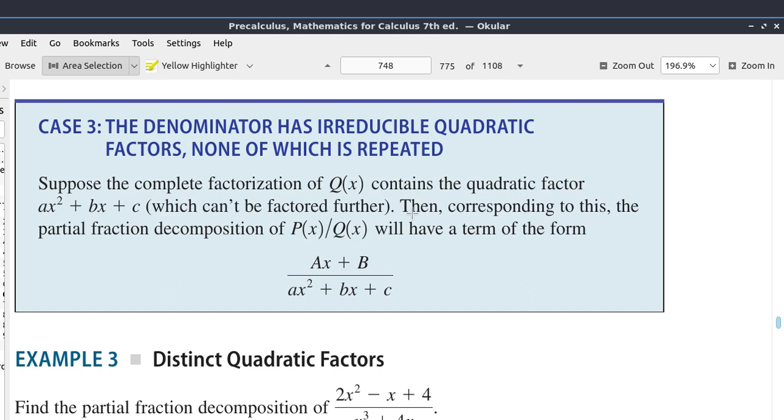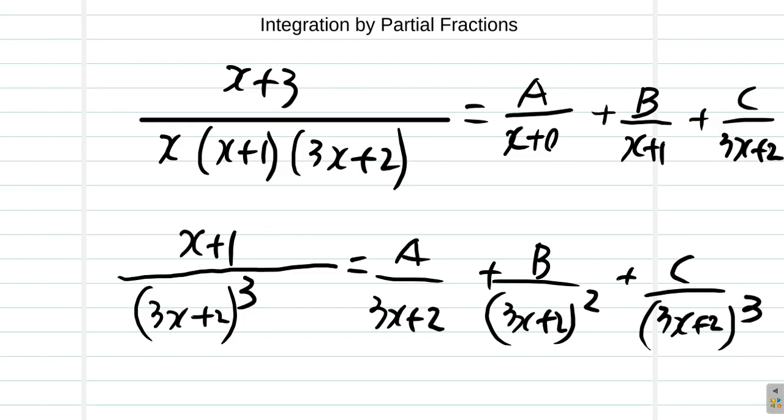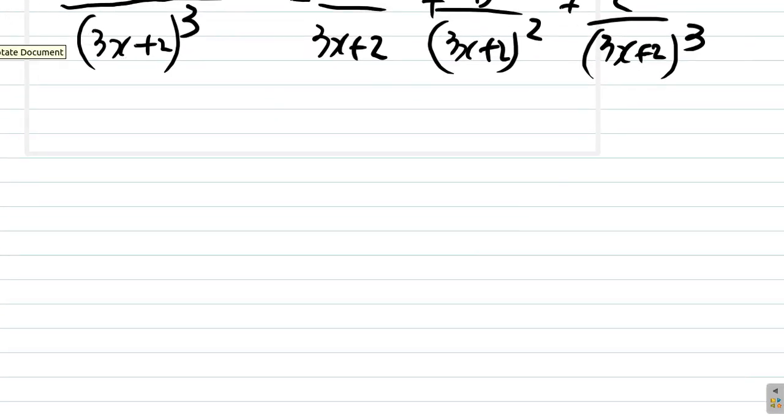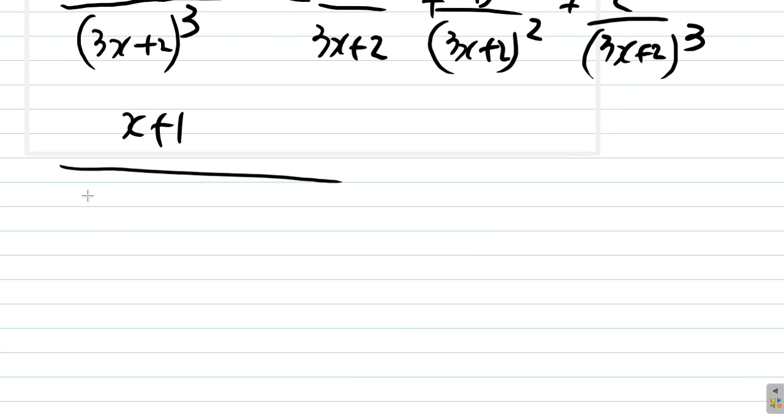Then, corresponding to this, the partial fraction decomposition will have this form, ax plus b over that quadratic expression. So, it is something like x plus 1 divided by x squared plus 3x minus 7.